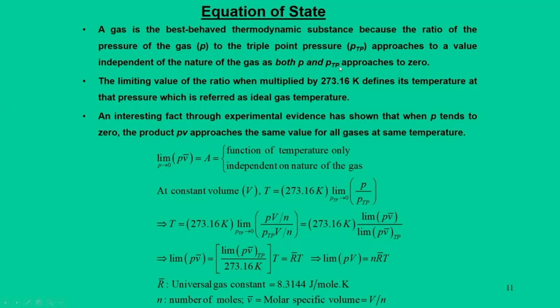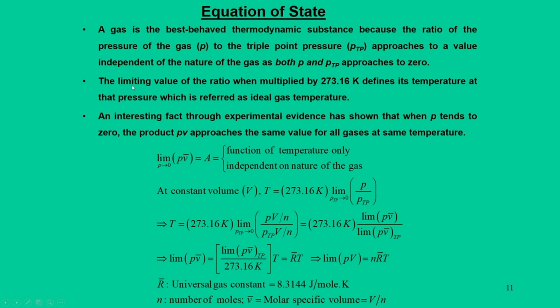A gas is considered a well-behaved thermodynamic substance because the ratio of the pressure of the gas P to the triple point pressure approaches a value which is independent of the nature of the gas when P approaches 0. That means when you go to zero pressure, all of them behave in a similar manner.